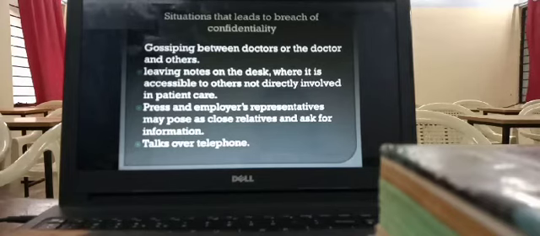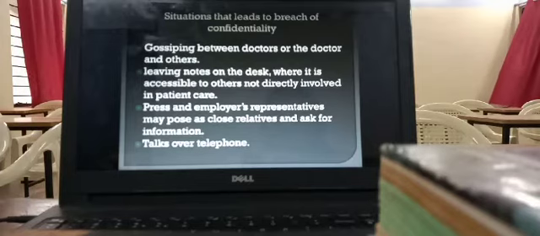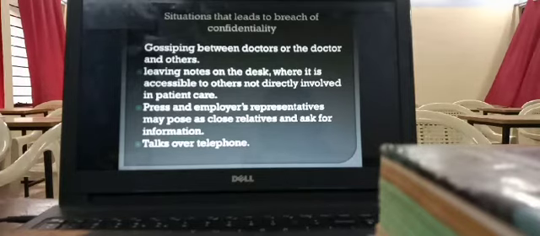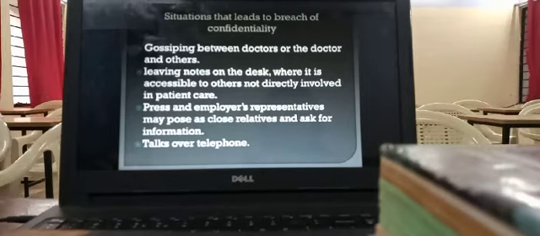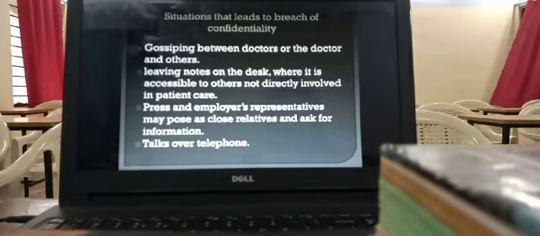We can say it is gossiping between doctors or between doctors and others. Doctors in the medical field are highly expected to maintain the confidentiality of patient information. So gossiping is not the proper way to work in a medical field.